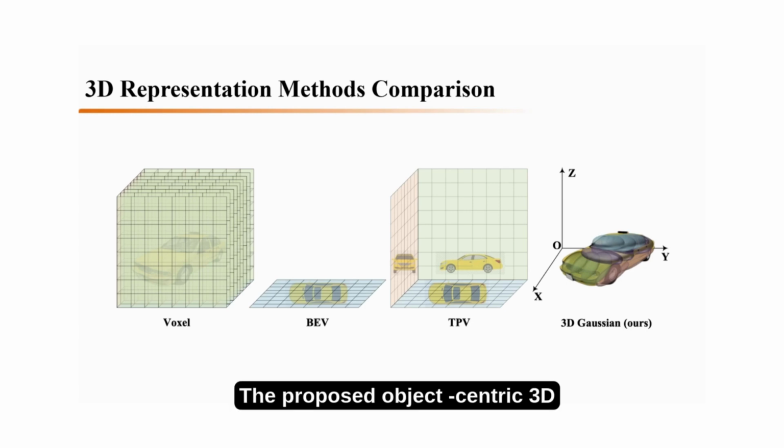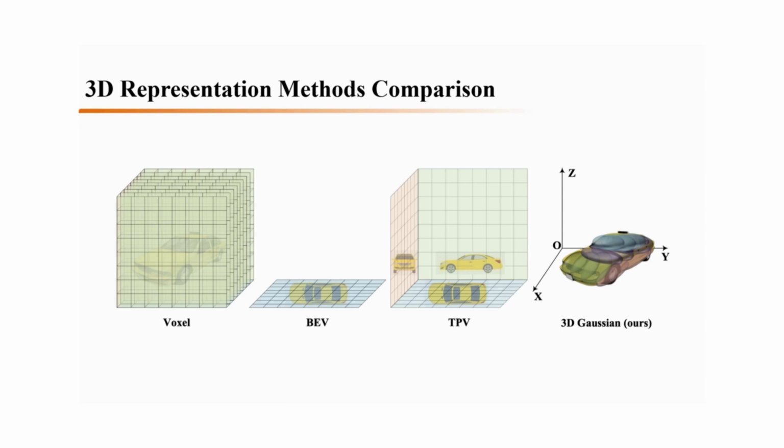Differently, the proposed object-centric 3D Gaussian representation can adapt to flexible regions of interest yet can still describe the fine-grained structure of the 3D scenes due to the strong approximating ability of mixing Gaussians.